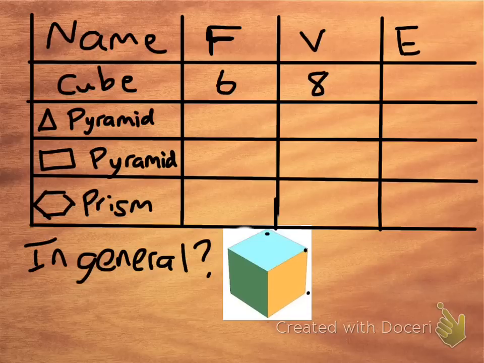But if we're looking at the edges, we'd have 1, 2, 3, 4, 5, 6, 7, 8, 9 going down there, 10 going here, 11, and 12. We'd have 12 edges on that cube. And I highly recommend, if you can't visualize what I just did, take out a shoebox, or a box of any kind, and just count.